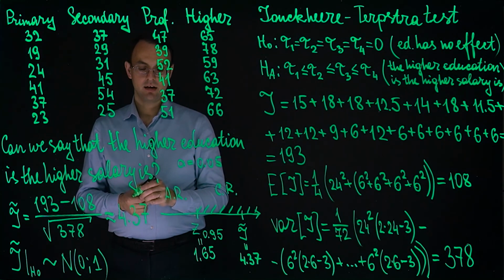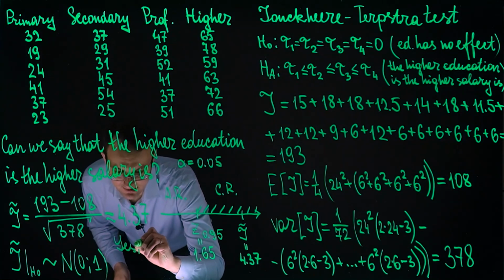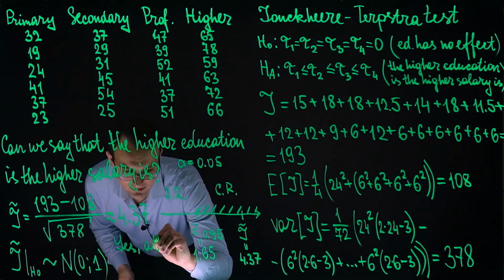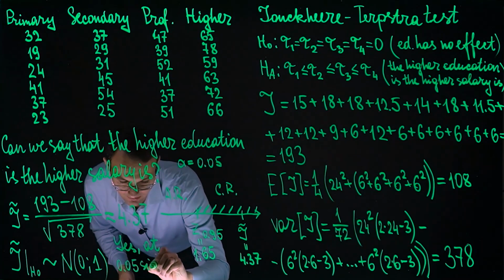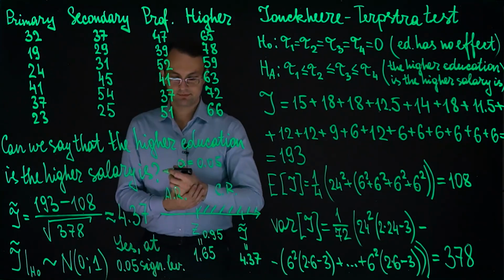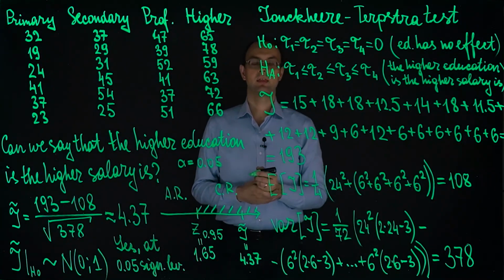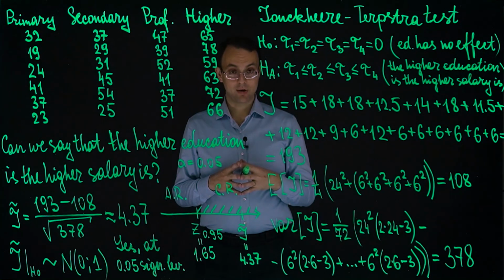Yes, we can at 0.05 significance level. So the answer is yes at 0.05 significance level. So that's all with one-way ANOVA.